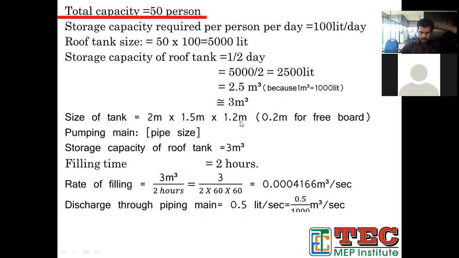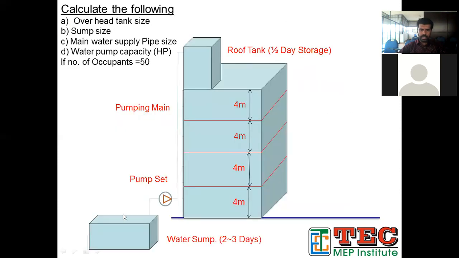Correct. The same way you can just imagine this is also the height. You can imagine this is a 1 meter height, or however much height you can take. If it's a well, it means 10 meter height, so you can take a well also. But here it is not a well. We are pumping from the underground tank only.